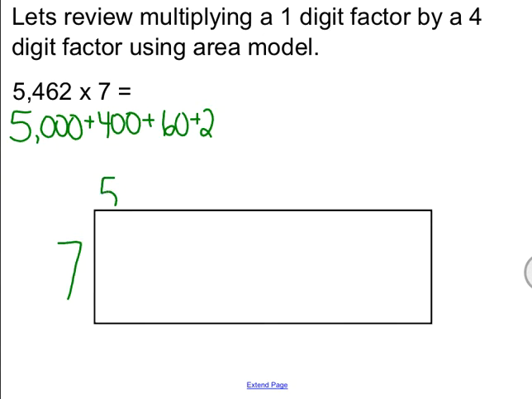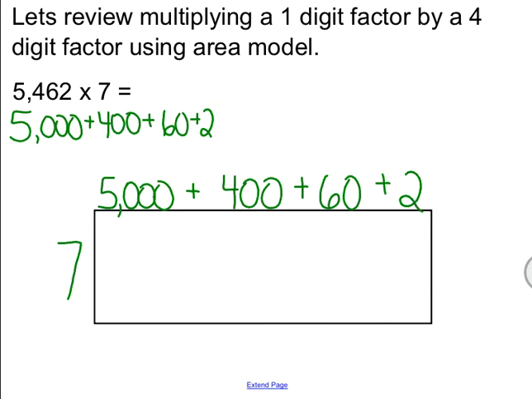So 5,000 plus 400 plus 60 plus 2. All right, so now that we have our large rectangle labeled, we need to be able to cut it into parts.